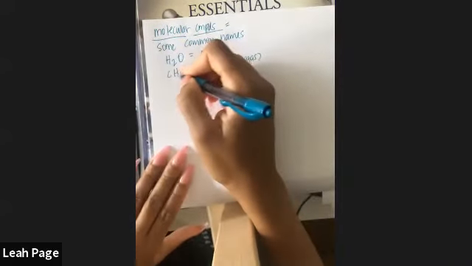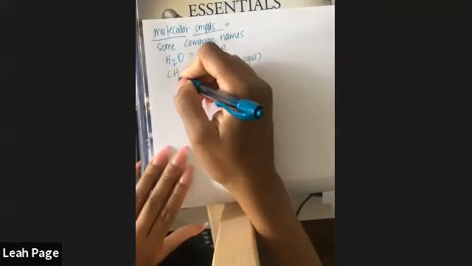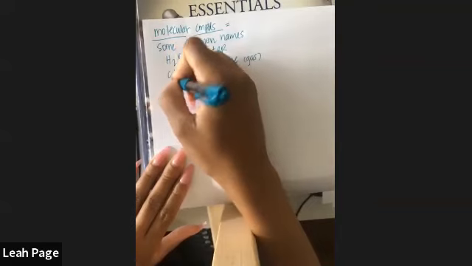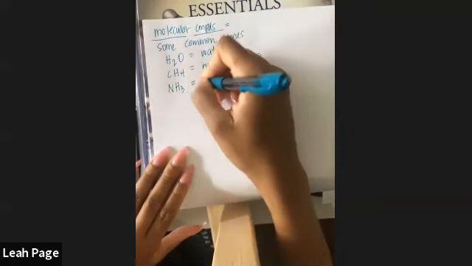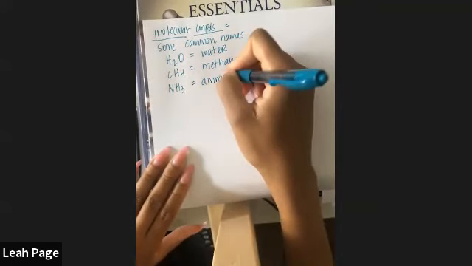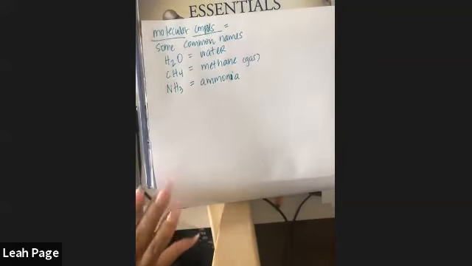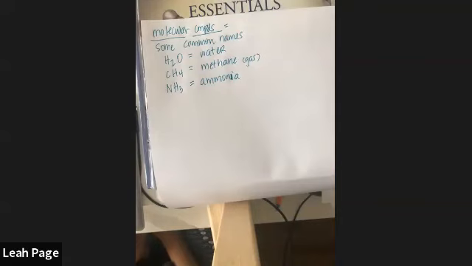So we call it methane. We don't say carbon tetrahydride. And then the other one is ammonia. That's only on your polyatomic ion sheet, but it's not a polyatomic ion. The common name for it is ammonia.